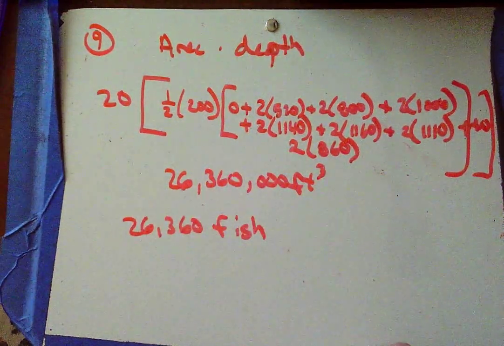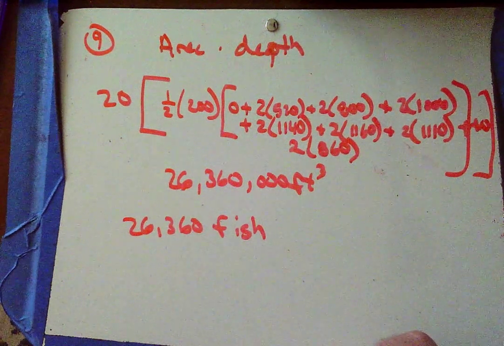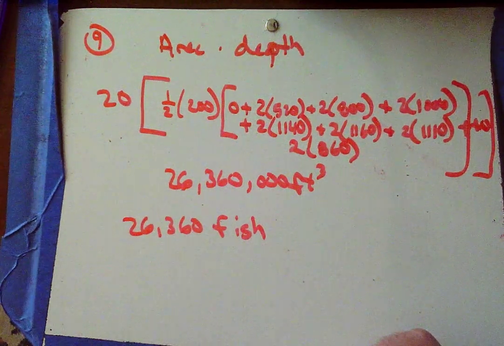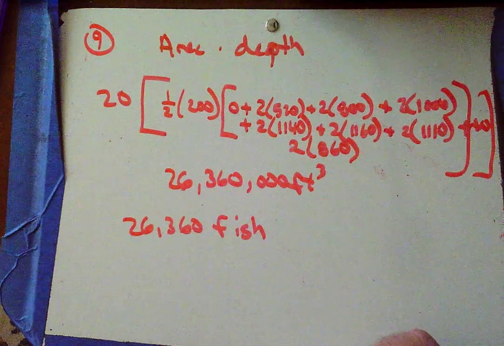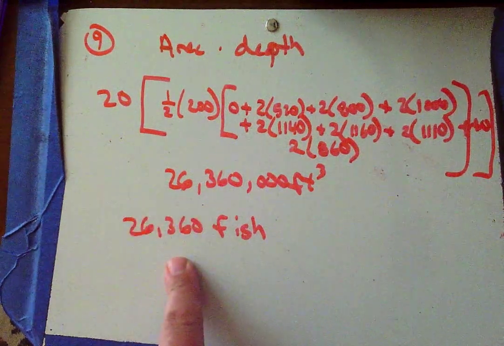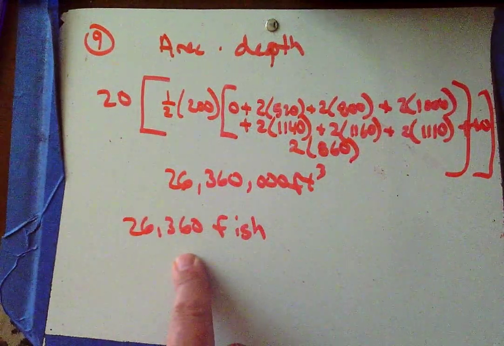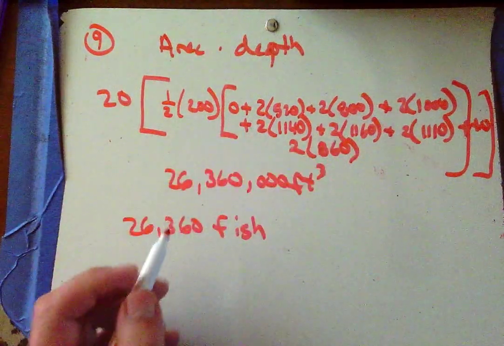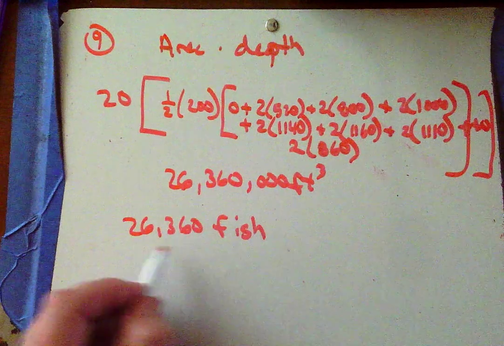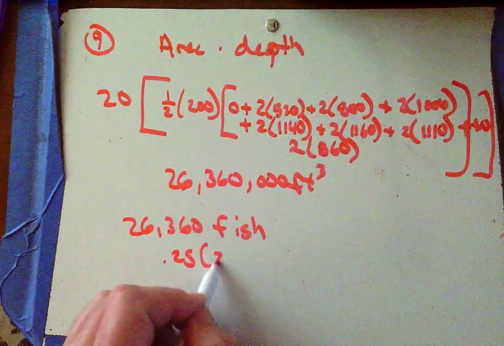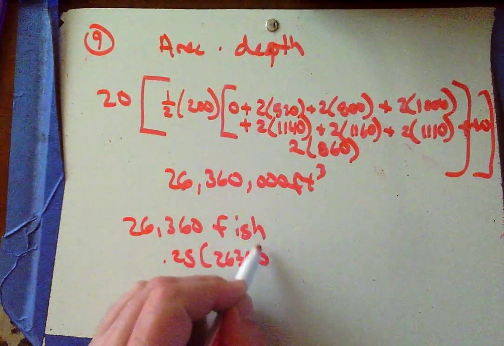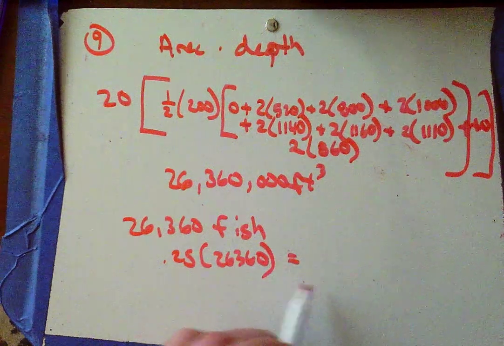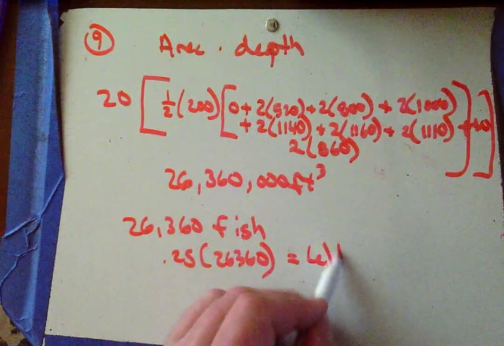Okay, that's at the start of the season, and you intend to have at least 25% of this number left over at the end of the season. Which means, if we want 25% left over, 0.25 times 26,360, that's going to be how many are left over.